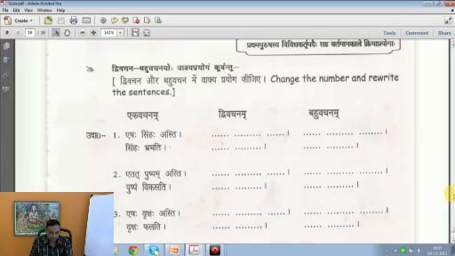Now what is to be done, we will see. Udaharana is given here. Eshaha simhaha asti. You make it dvivachana, you also make it bahuvachana. Like in the immediate previous page, then simhaha brahmati, you make it dvivachana and also plural, bahuvachana.